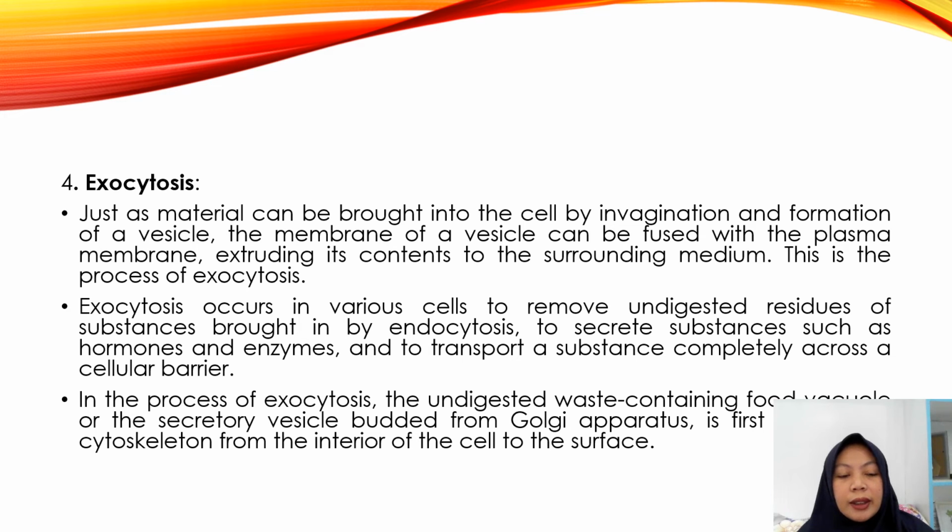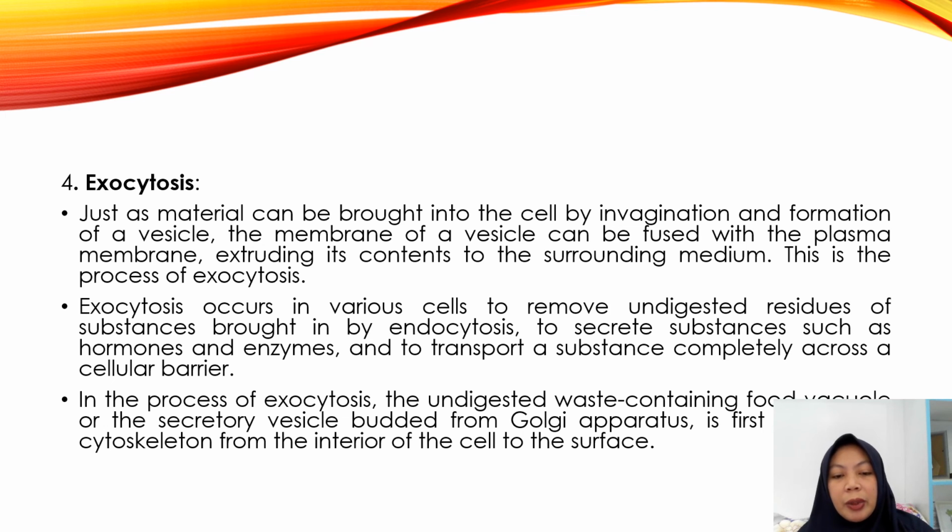It happens in various cells. It allows the removal of the undigested residues of substances brought in by endocytosis, the secretion of substances such as hormones and enzymes, and the transport of a substance completely across a cellular barrier.